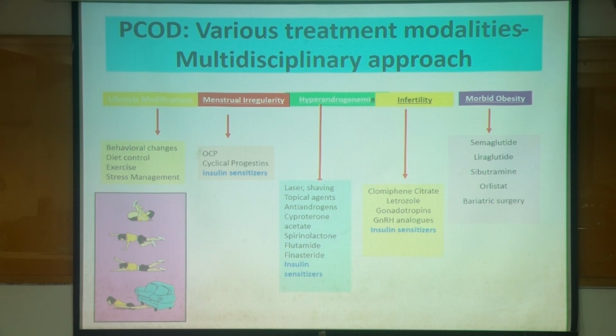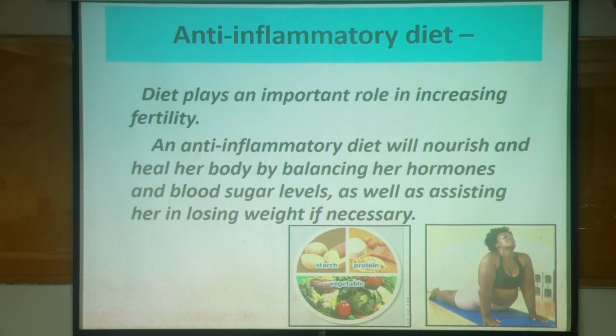For infertility, they can go for clomiphene citrate, letrozole, gonadotropin, GnRH analogs, and insulin sensitizers. Of course, we have the latest drugs for reducing obesity now, like semaglutide, liraglutide, sibutramine, orlistat, and in very high-risk cases, you can go for bariatric surgery also.